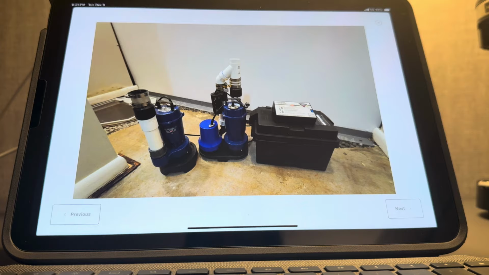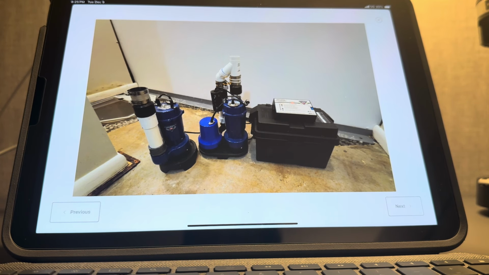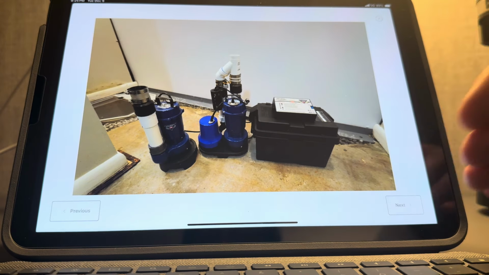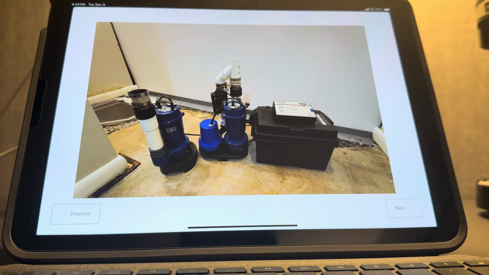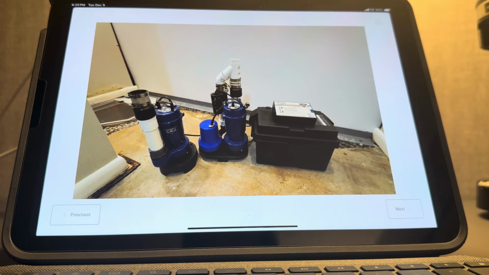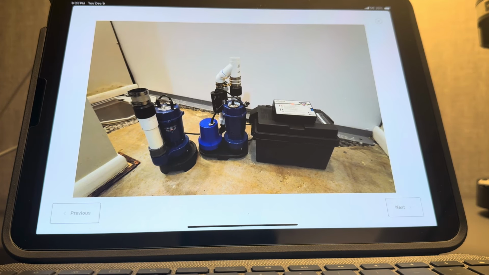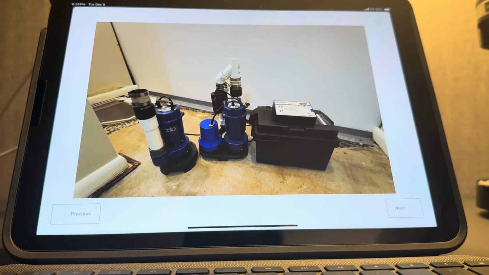If the storm was severe enough and the water was high enough, we've got a third pump that operates as a backup on a battery. So you've got this redundancy and backup upon backup to make sure that your system is working efficiently and effectively.